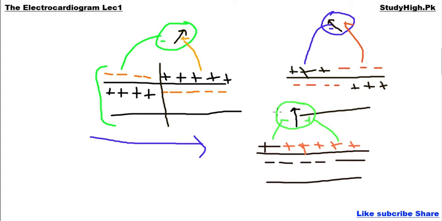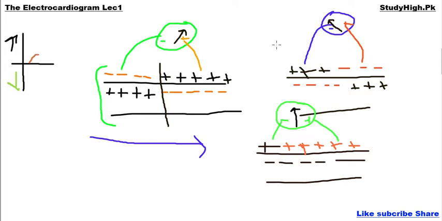So what different types of graphs can we make from these interpretations? In this case, as the voltage meter is showing a positive deflection, it means positive potential; this is positive potential directed upward and this is negative potential directed downward. So in the first case, we receive a positive potential.